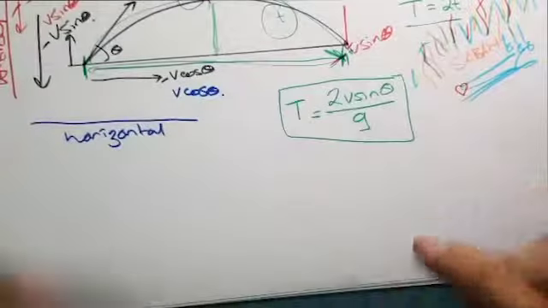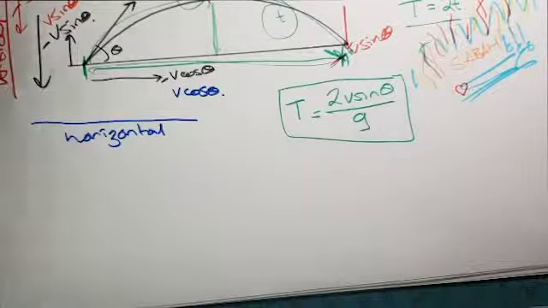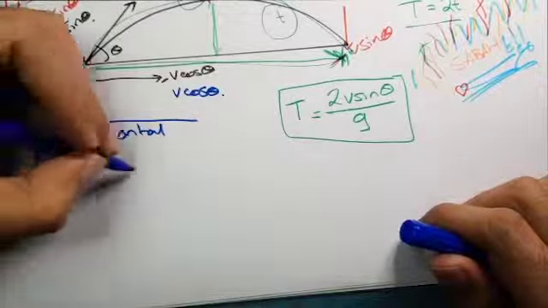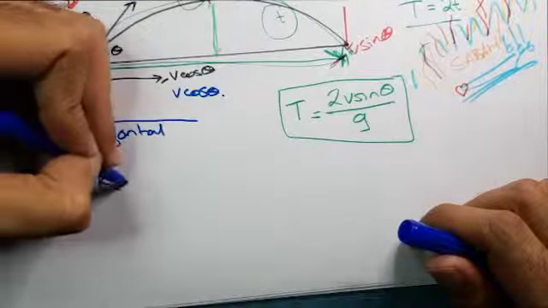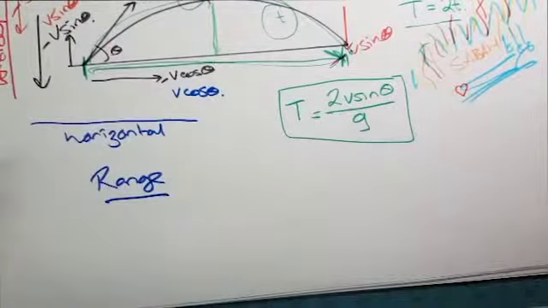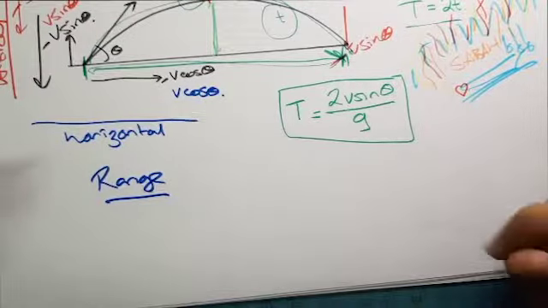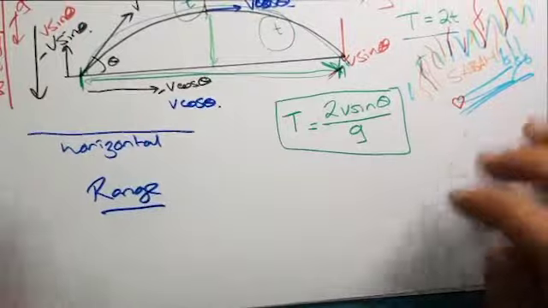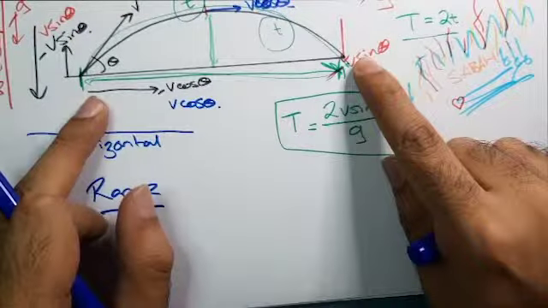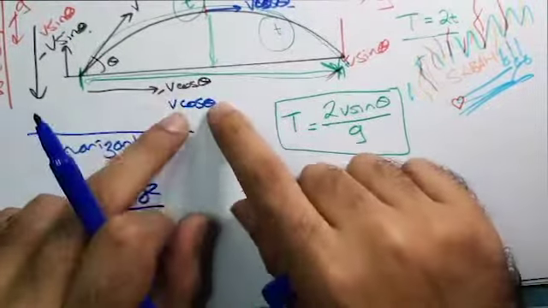Now, coming back to our horizontal component, if you want to find out the horizontal distance covered, we actually call it a specific thing. It's called range. So if you want to find out the range of the object, how do you find it? It's very simple. You're going to use the equation that distance covered is equal to speed into time.